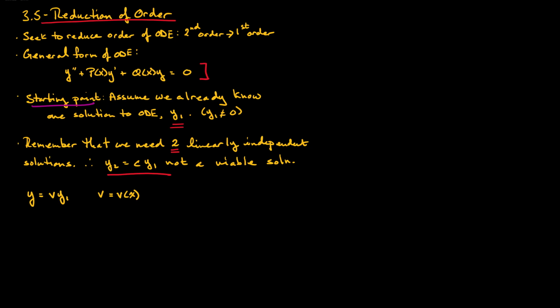So starting with this definition of y is equal to v multiplied by the first known solution, we're going to take its derivative. So y prime will be equal to, and again we just apply the product rule, v prime y1 plus v y1 prime.